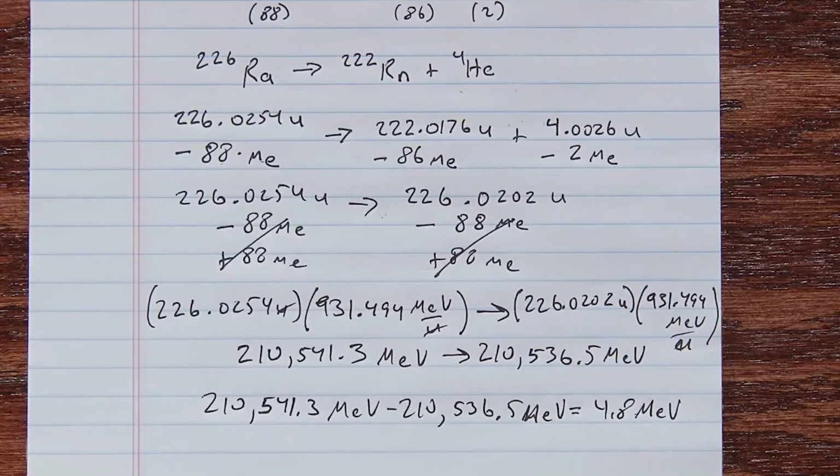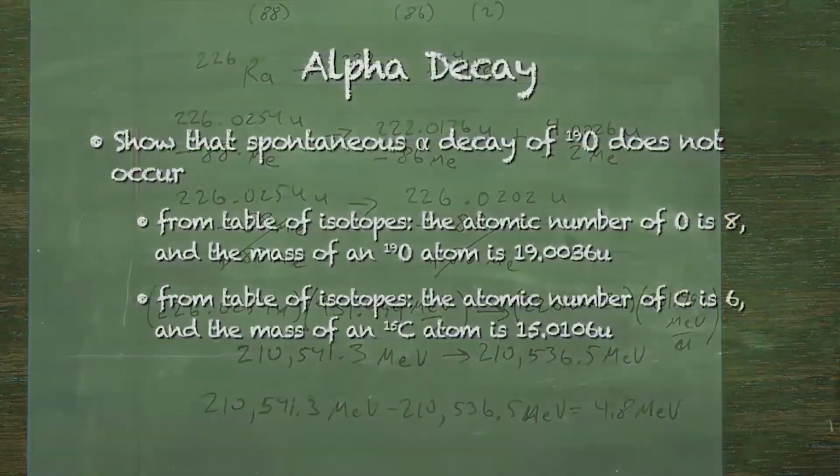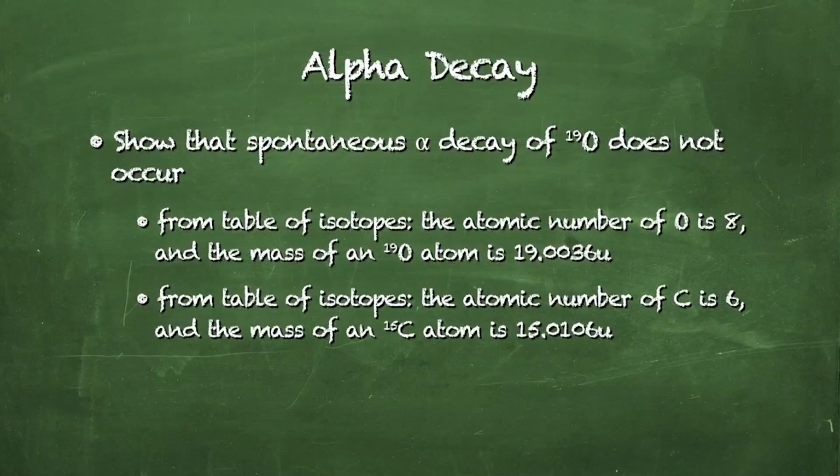Let's work another exercise involving alpha decay. Show that spontaneous alpha decay of oxygen-19 does not occur. From the table of isotopes, the atomic number of oxygen is 8, and the mass of an oxygen-19 atom is 19.0036 atomic mass units.